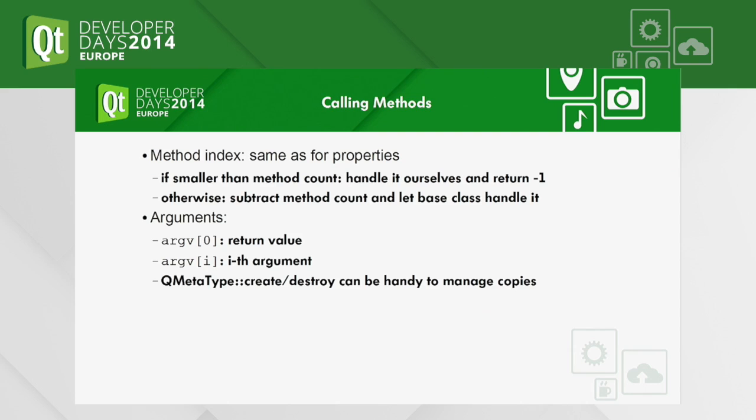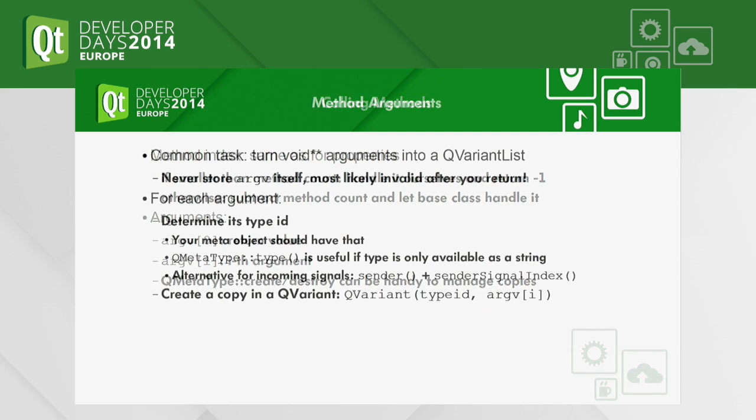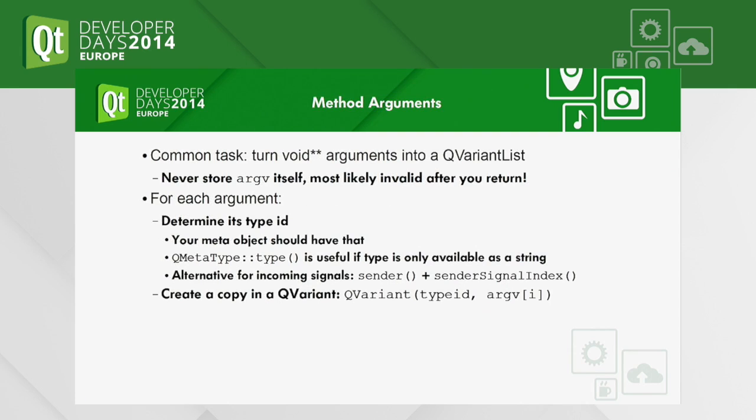So that can be quite handy in this case. And then another common scenario there is turning the entire argument list into a list of variants. Because you don't want to store the original. You have to copy it, and you want something that is introspectable, or generic enough in case you don't know the specific types.